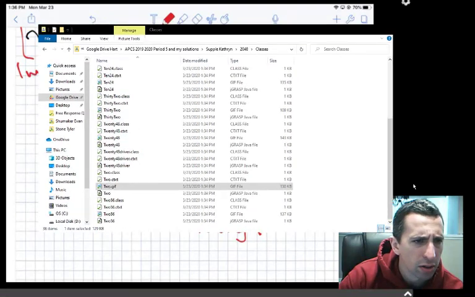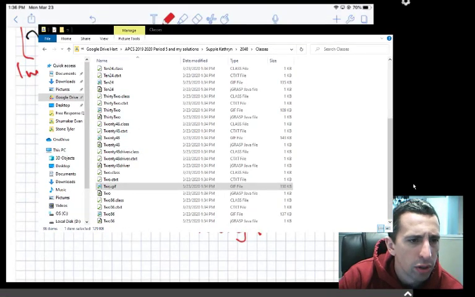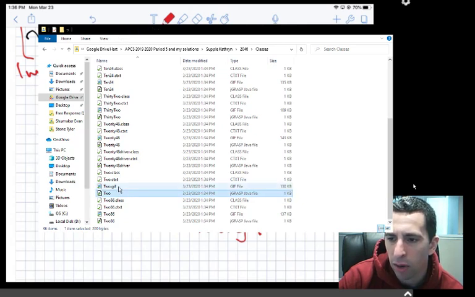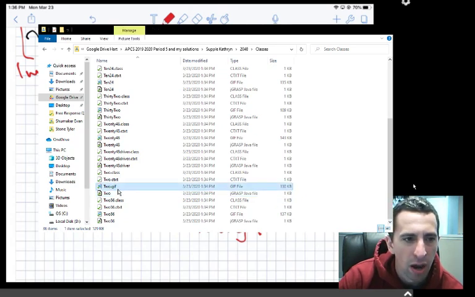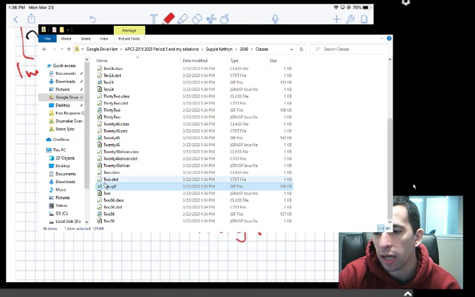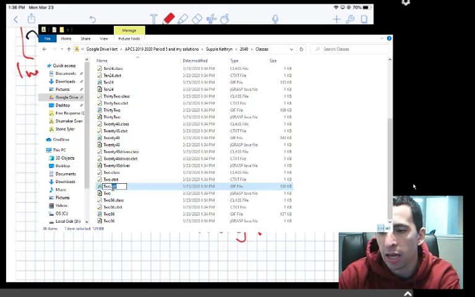Here's Catherine's folder right here. So the issue is, take a look at this. You have your 2 picture, and you have your GIF that looks like this. But look, you've actually saved it as 2.gif.gif. You don't want the .gif at the end. That's automatically done because it's saved as a GIF file. So go ahead here and rename it and get rid of the .gif at the end.